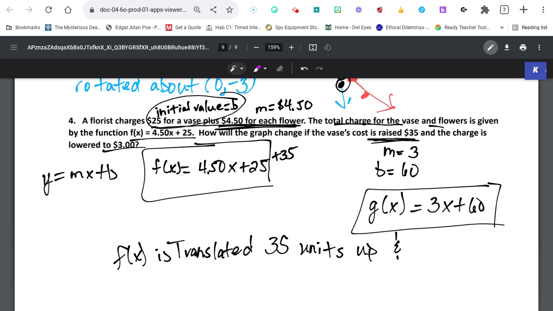It's been rotated about the new y-intercept, so rotated about 0, 60.